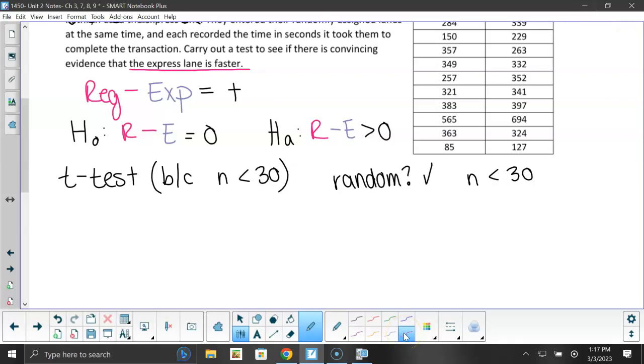I don't think you have one this bad on the test. All right, so normal. We're going to say proceed with caution. The negative 246 might be an outlier.